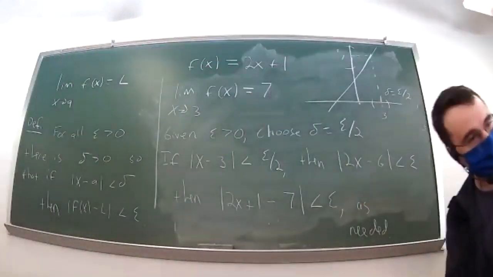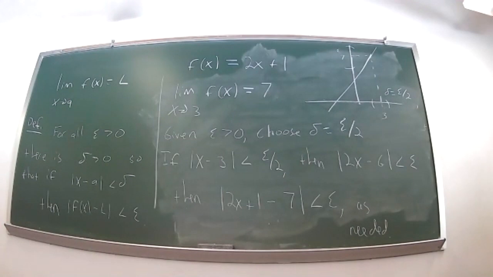For the quadratic function, we had to use this little trick of saying, well, if delta is going to be a small number, let's choose it less than 1. And then that basically makes our other factor, x + 2 in that example, being less than 4.